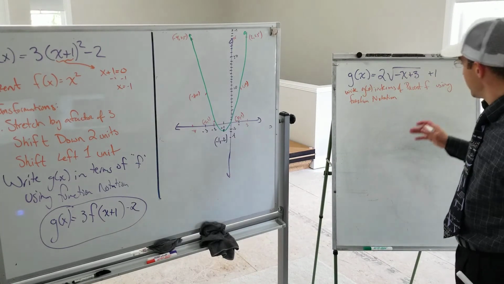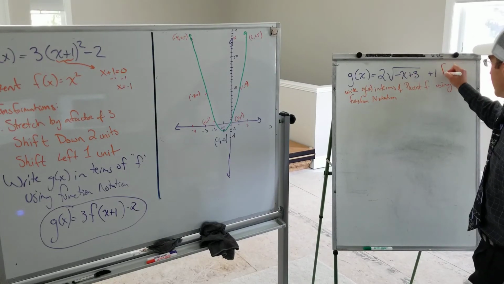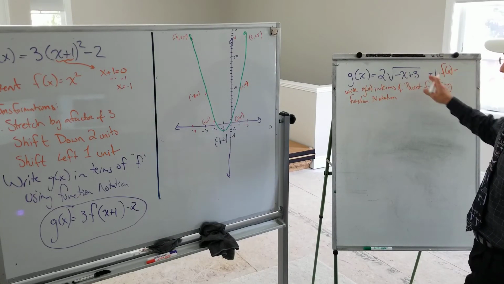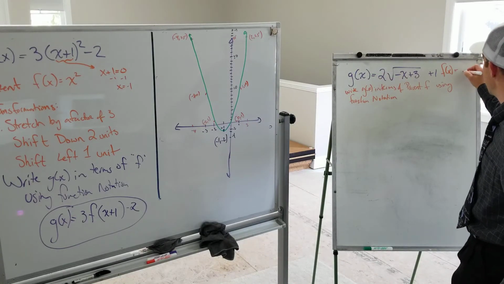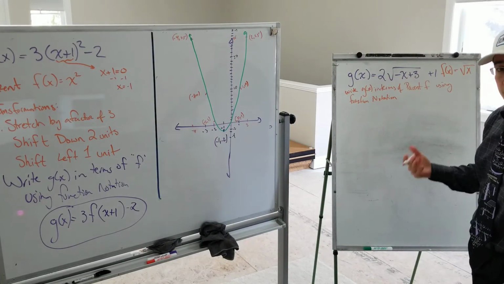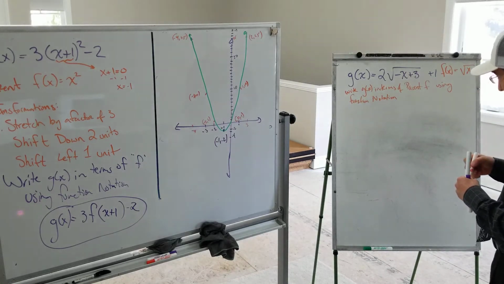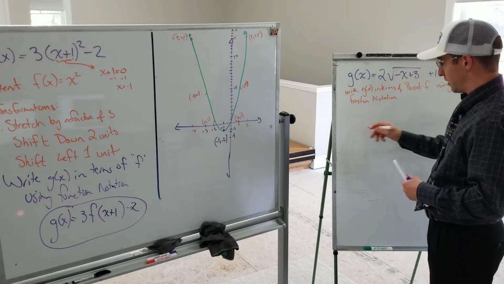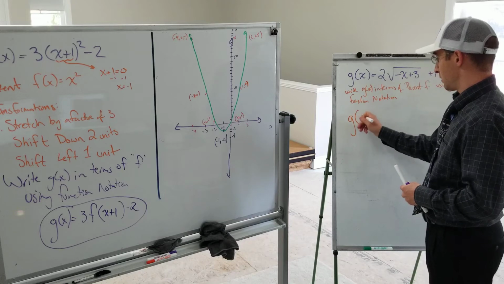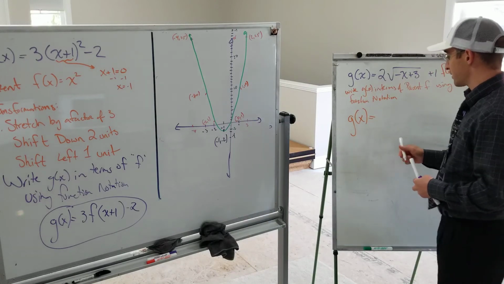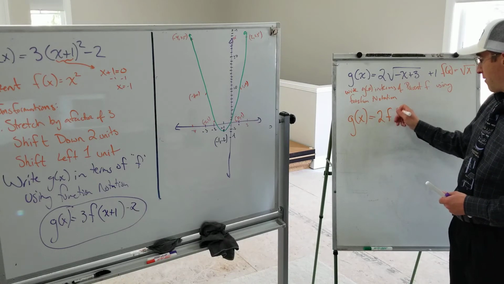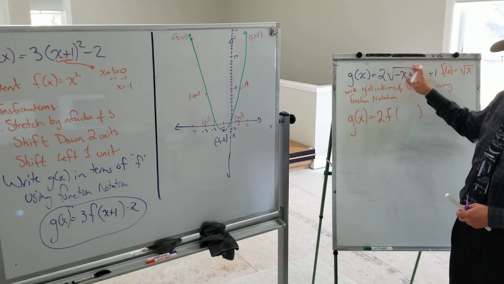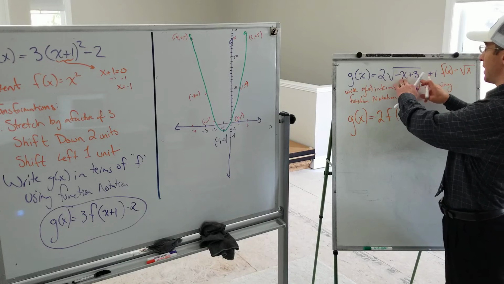But regardless, what is the parent function here? F of x equals, parent function for this is, hopefully you said, the square root function, square root of x. So what we're going to do here is we're going to say g of x equals, well, 2 times f of, the argument of this square root function is negative x plus 3.